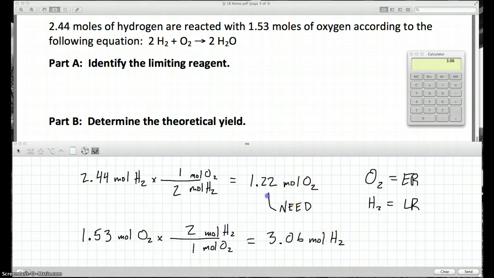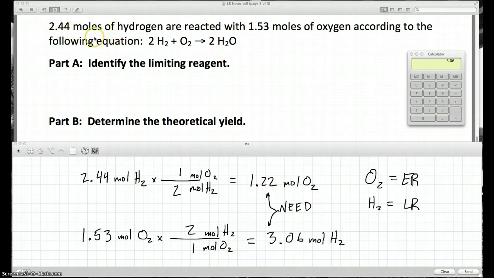Again, what we're calculating here and here is what we need. So if I look at this, I just calculated the fact that I need 3.06 moles of H2. Well, if I look up here, my given, what I actually have, I only have 2.44 moles of hydrogen.